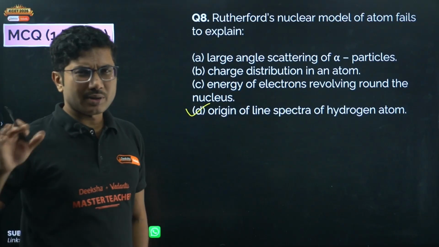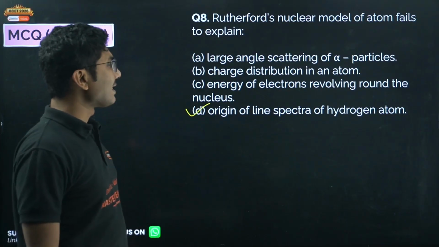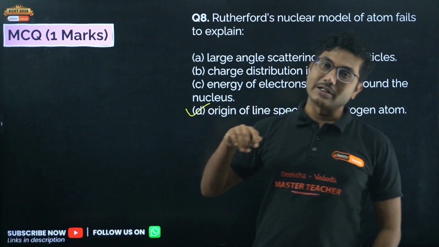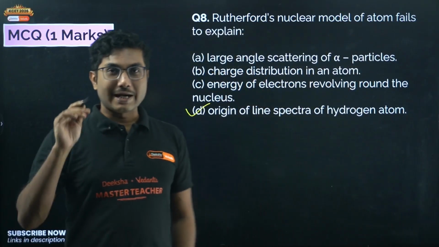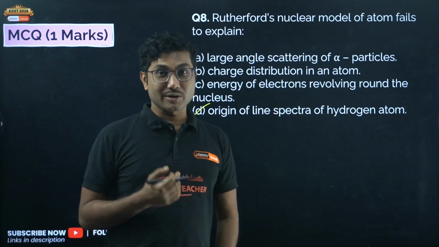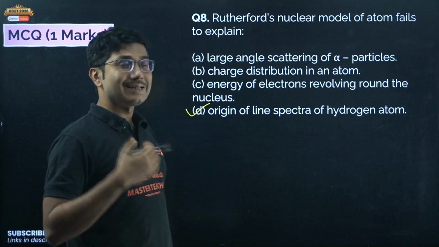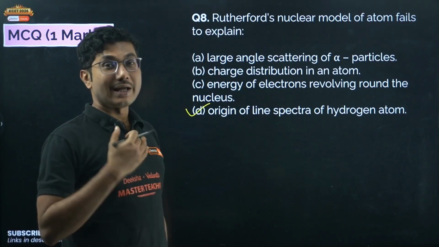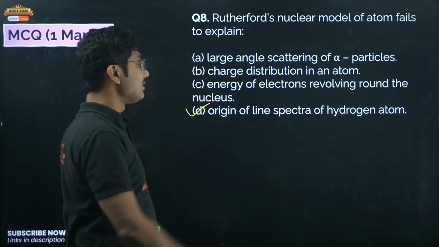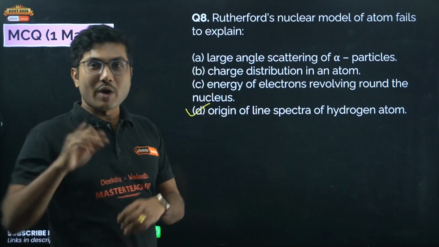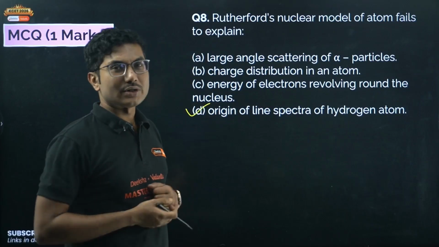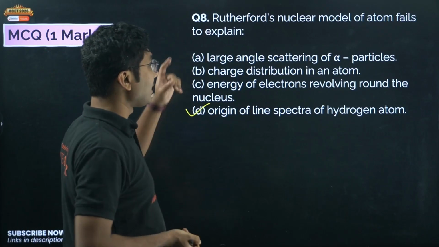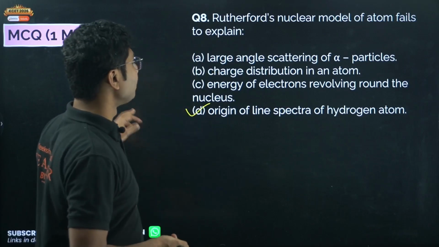Charge distribution partly can be explained. Large angle scattering of alpha particle, obviously it was assumed that the nucleus is located at the center. That's how it came to be. Based on large angle alpha ray scattering, Rutherford gave his nuclear model. So definitely these three can be explained. But why we observe spectral lines was not clear. So that's why the spectral line of hydrogen could not be explained using Rutherford's nuclear model.